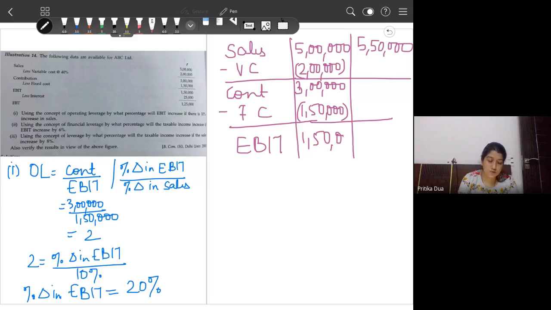The variable cost to sales ratio is 40%, means this is 2,20,000.